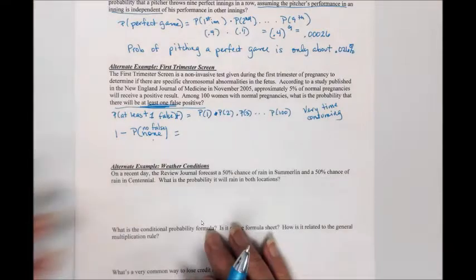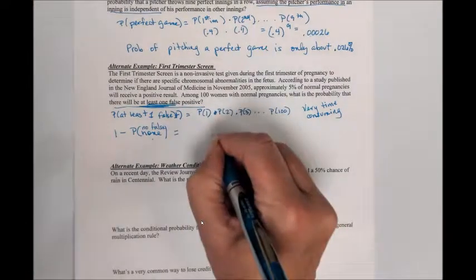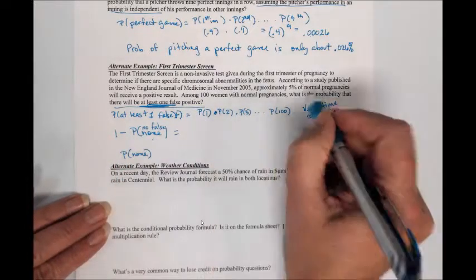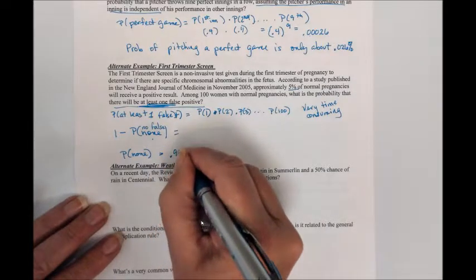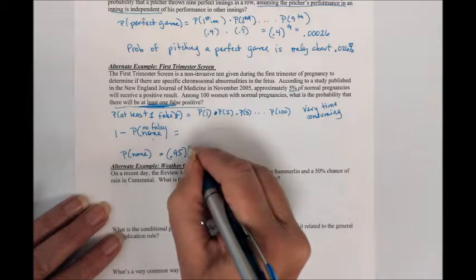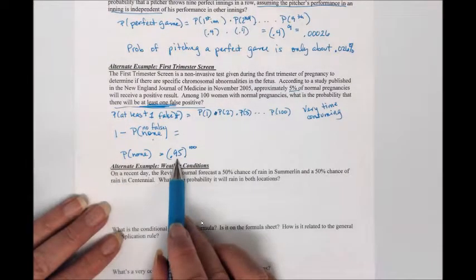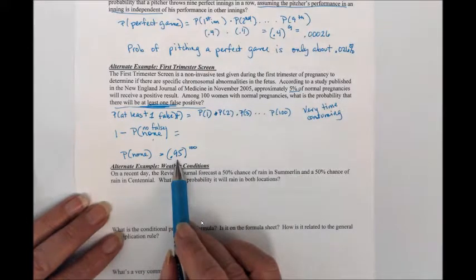So I know that if all 100 women, so the probability of none, if there's a 5% chance of a false positive, then 95% would not be positive, and that would be all 100 women. So the probability of none is 5% get a false positive, 95% get a correct result.